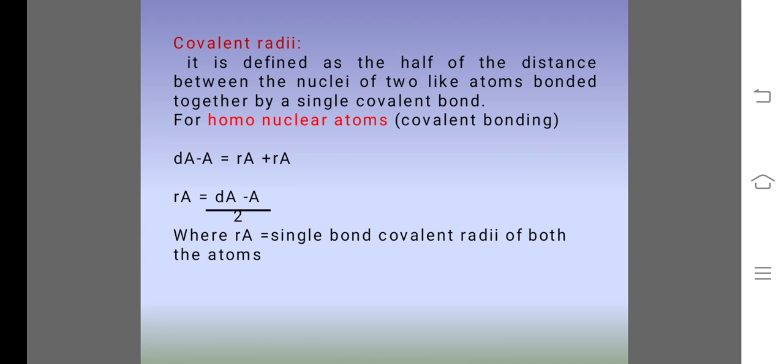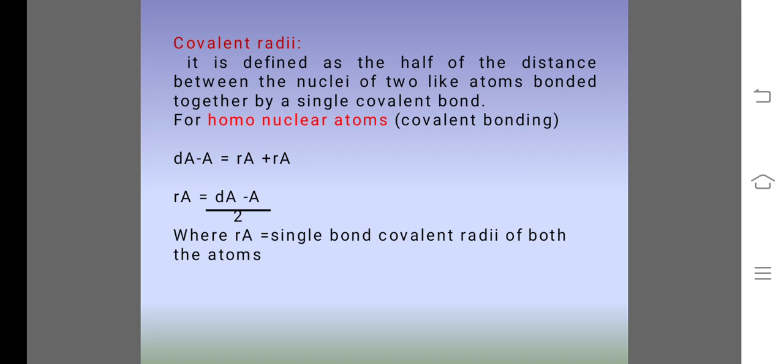It is defined as half of the distance between the nuclei of two like atoms bonded together by a single covalent bond. For homonuclear atoms, if there is covalent bonding between two A atoms, then it is a homonuclear molecule.